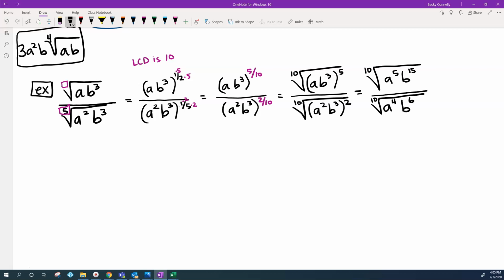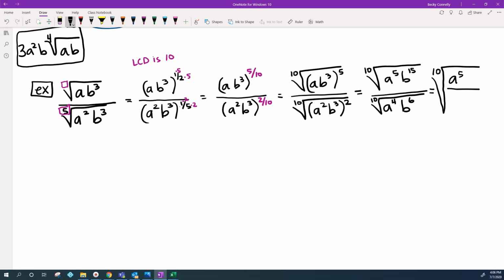What could we do? Would we just divide those? So like take a to the 5th, subtract a to the 4th? Yeah, so I would first put it together as one big radical to make sure that you see that you can do that. Since these are both the same radicands, you can do that.